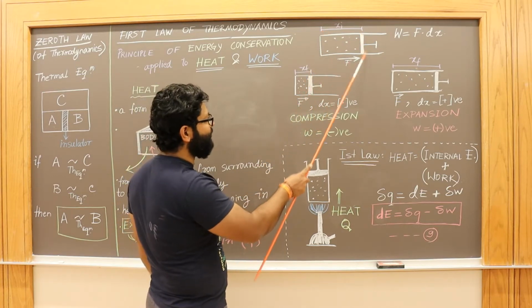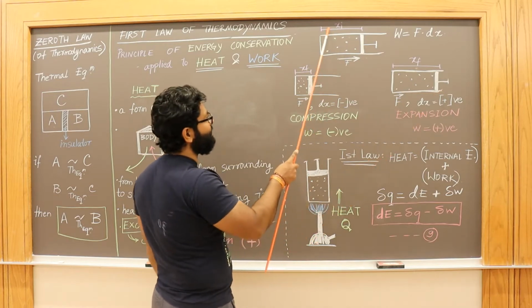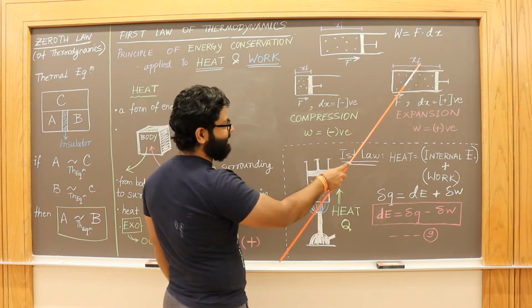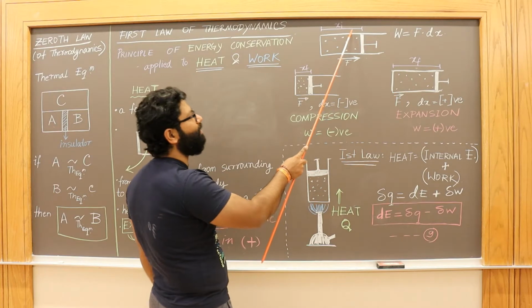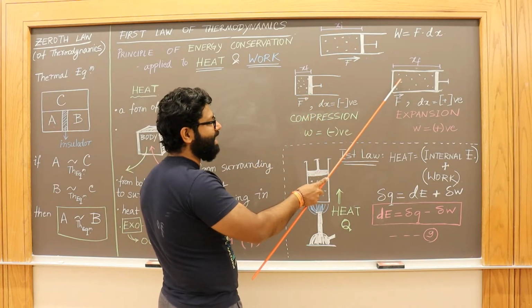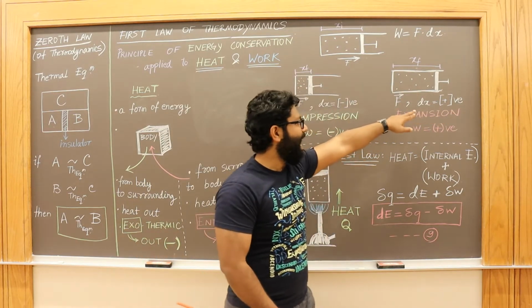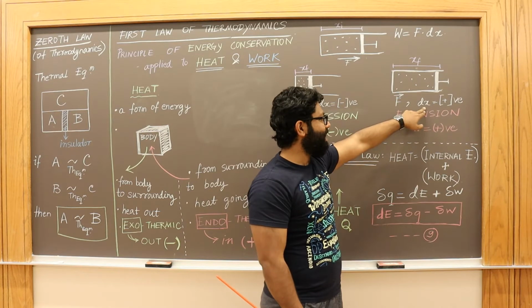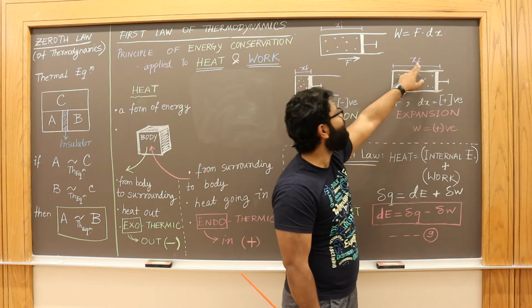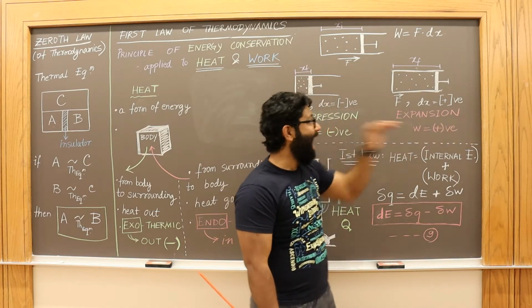Now this piston, because of this force, can move forward, right? So this xi can become xf, the xf being more than xi. In that case, the gas inside expands, right? The force applied was this way, and the dx, being xf minus xi, is a positive number because it has gone out, right?